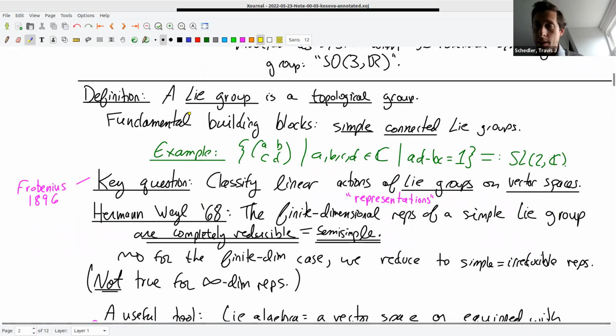So now let me say a little bit more precisely what symmetry is. So we're going to define a Lie group. That is, in other words, a topological group. It's a group with a topology on it that locally looks like a manifold. Locally looks like some Rn.